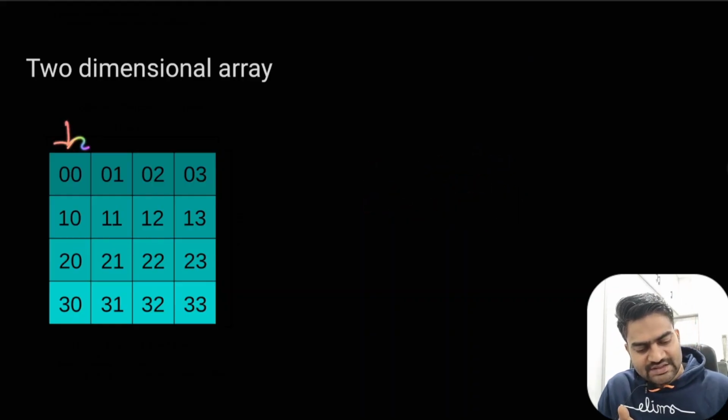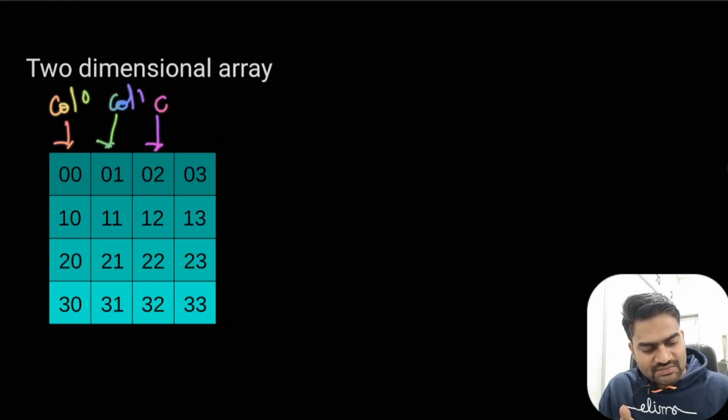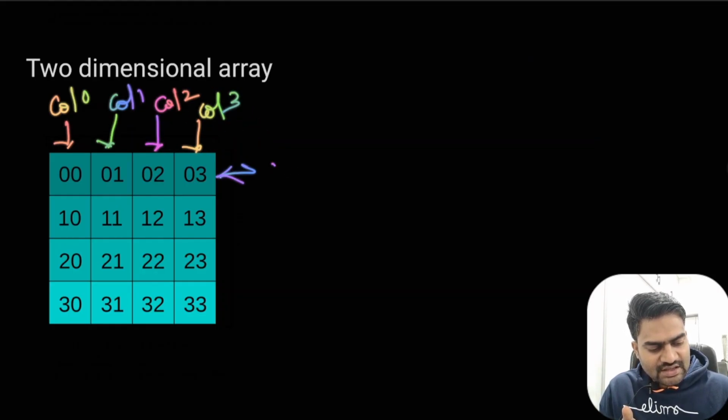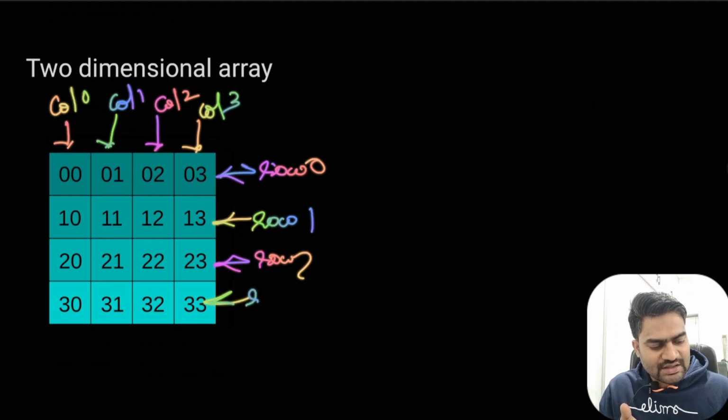This is column 0, column 1, column 2, column 3, and this is row 0, row 1, row 2, and row 3.